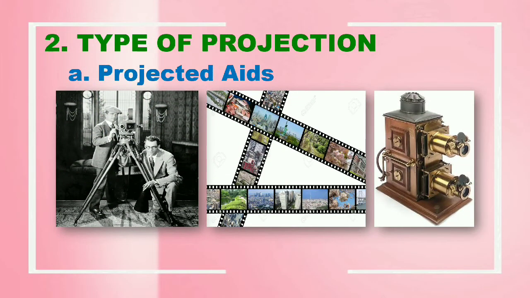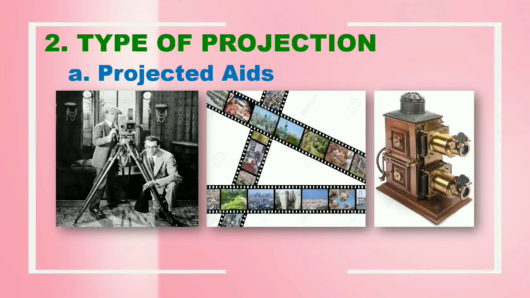Next type is type of projection. This type includes projected aids and non-projected aids. Projected aids refer to items to be observed and are projected on a screen using mechanical devices. These aids are found to be very effective because movement can be added to sound and hence a realistic experience can be provided.